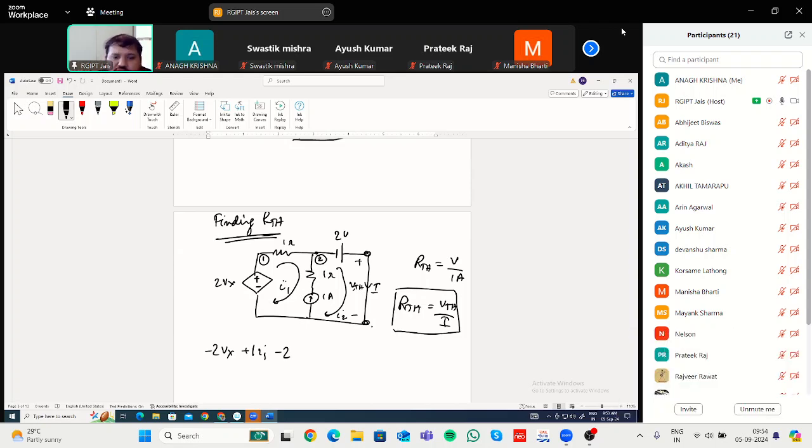And current is flowing through here, so that will be equal to 0. Again, this is plus minus Vx.